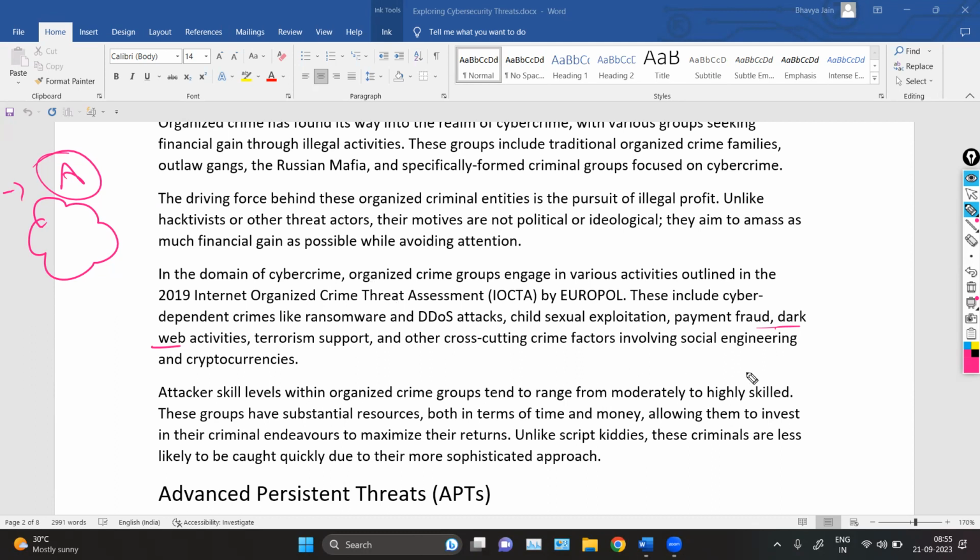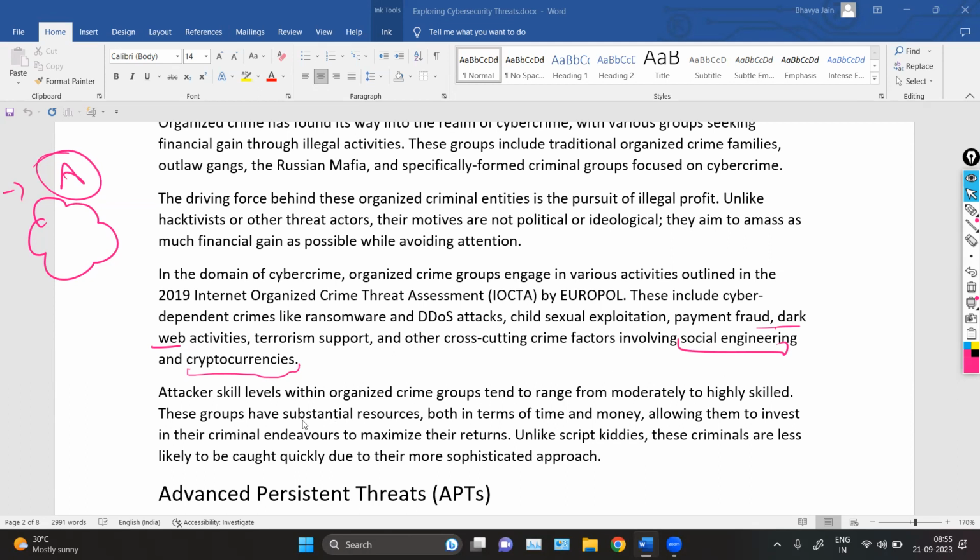And other cross-cutting crime factors involve social engineering and cryptocurrencies. Social engineering is the art of manipulating humans to reveal their sensitive information. We have a separate module on social engineering.